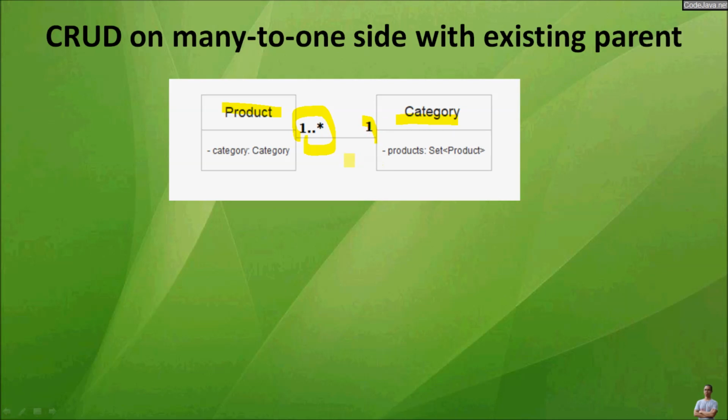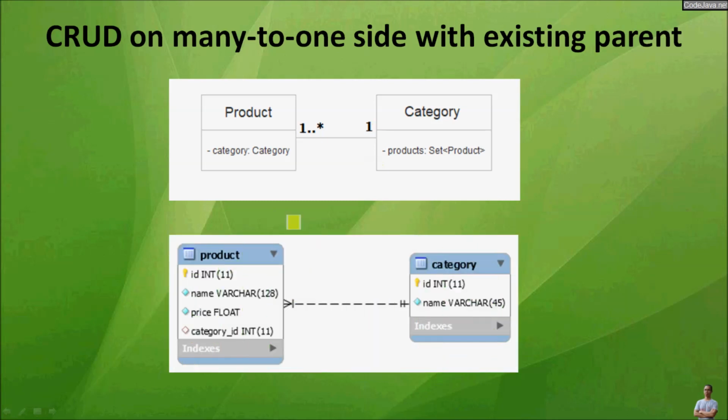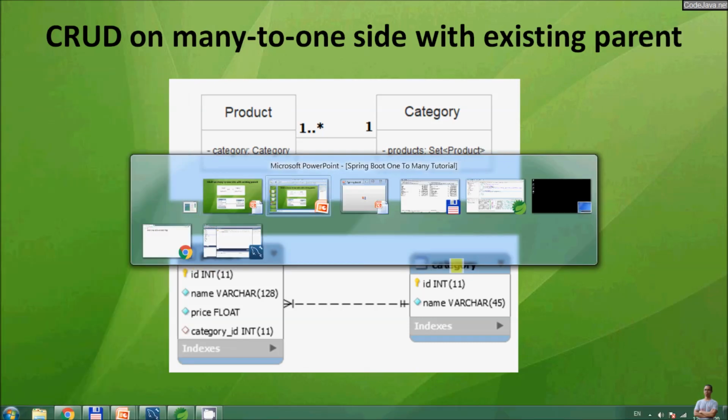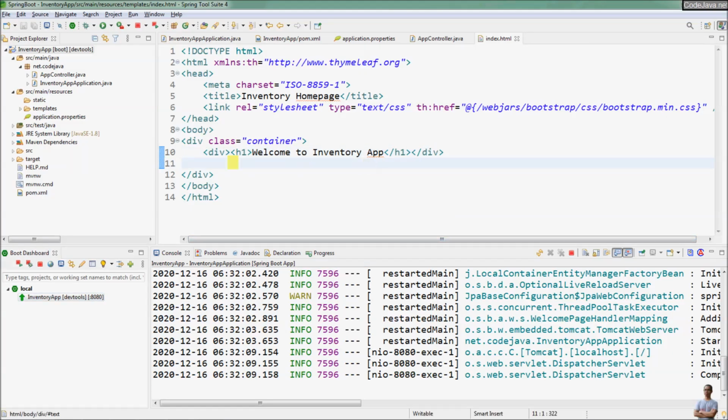So we need to create two entity classes, product and category, that map to the corresponding tables in the database, table product and table category. But first, we need to update the home page of the application to include the hyperlinks for listing categories, listing products, creating category, creating product.